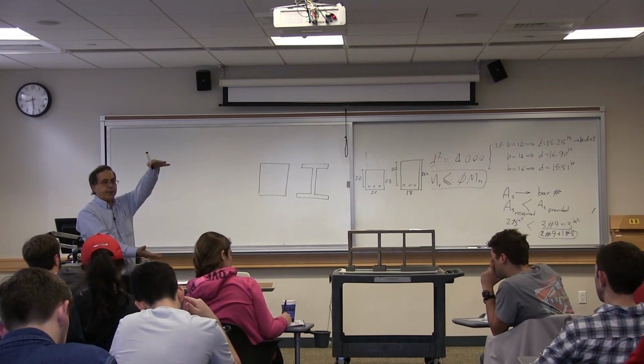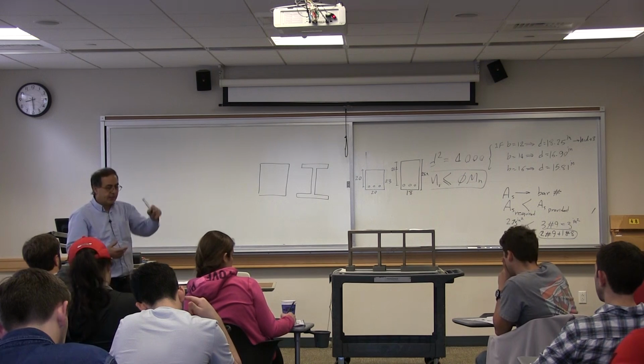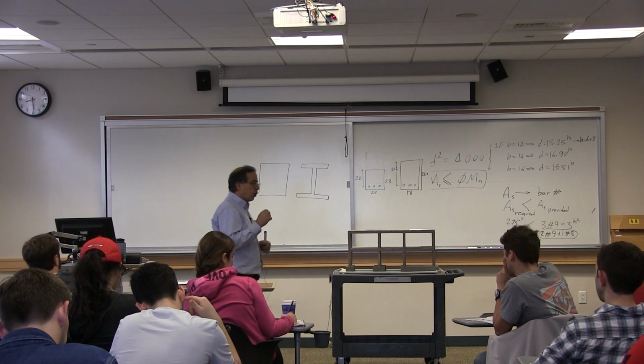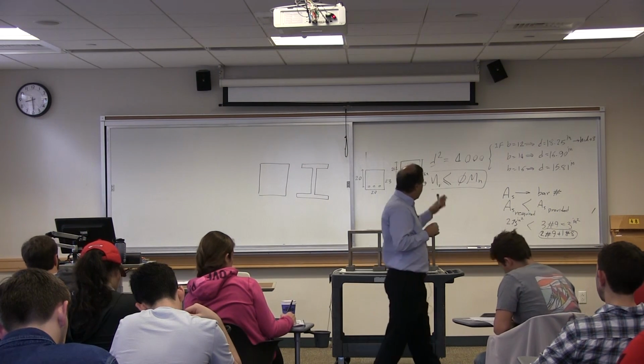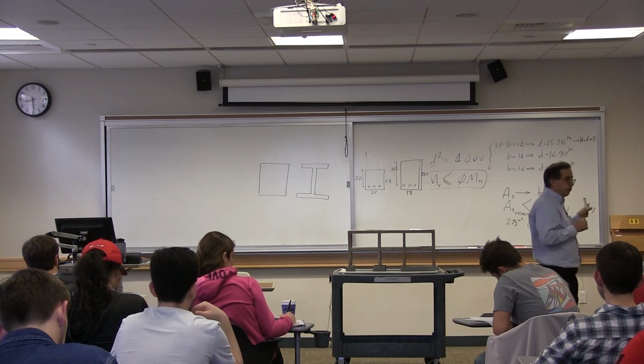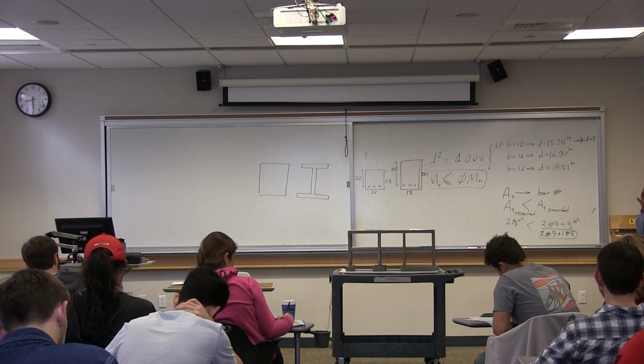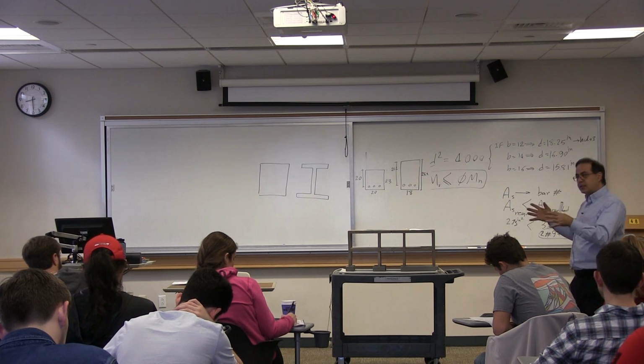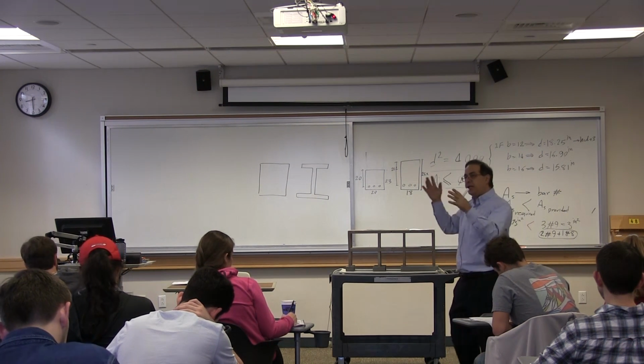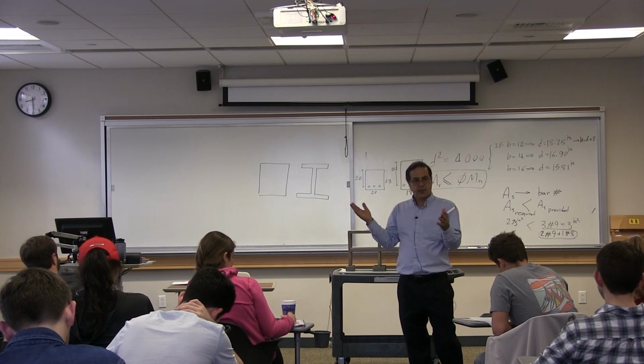You make the beam deeper. However, from an actual cost point of view, the left one could potentially be more economical than the right one. When it comes to the actual cost, you need to consider many other factors.